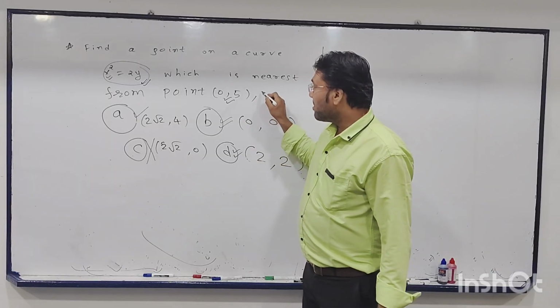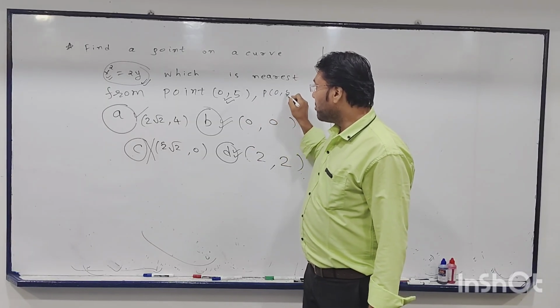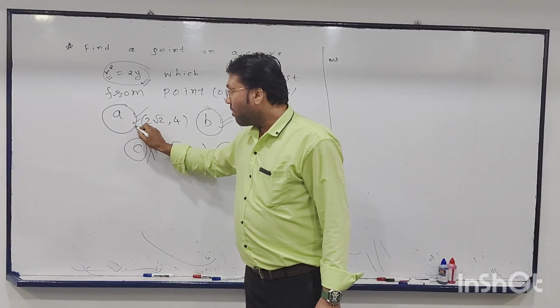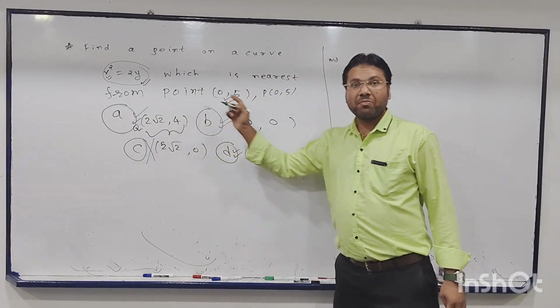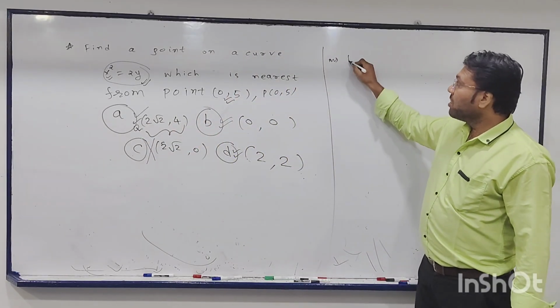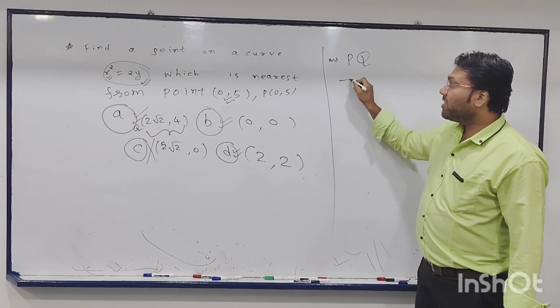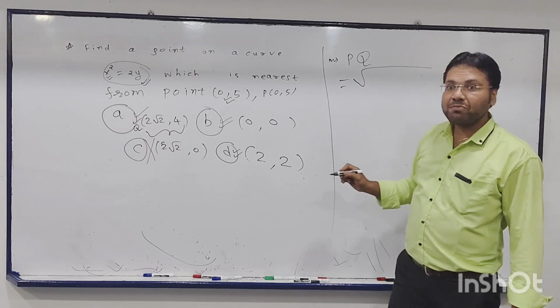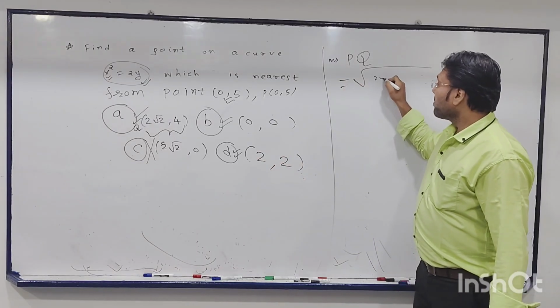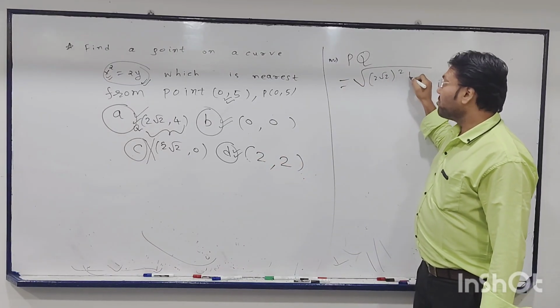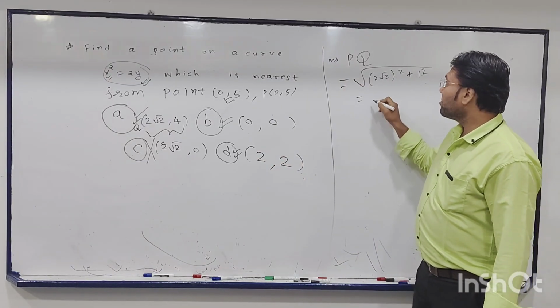So friends, suppose this point is P (0, 5) and say option A is point Q, (2 root 2, 4). See over here friends, what is the distance between P and Q? Apply the distance formula: under root (x1 minus x2) square plus (y1 minus y2) square. So what is your answer?